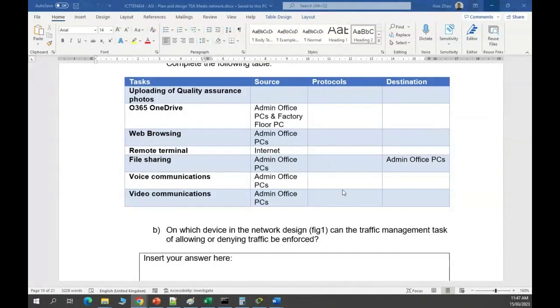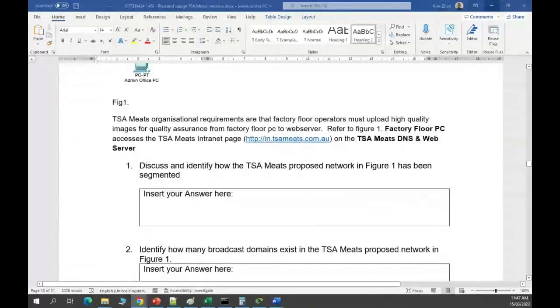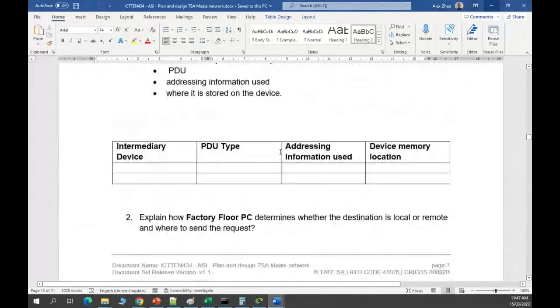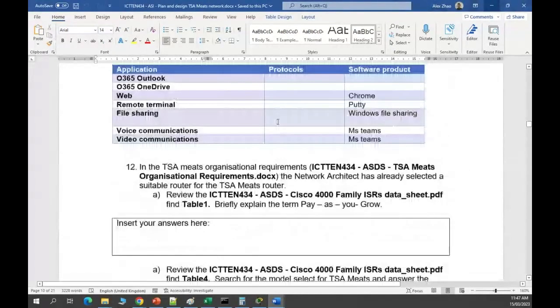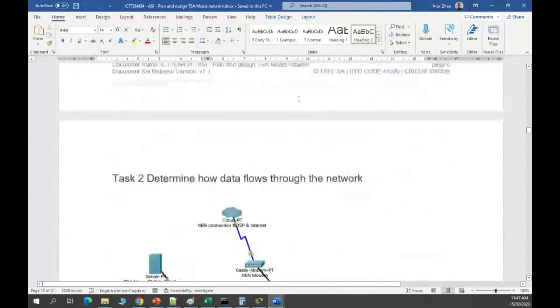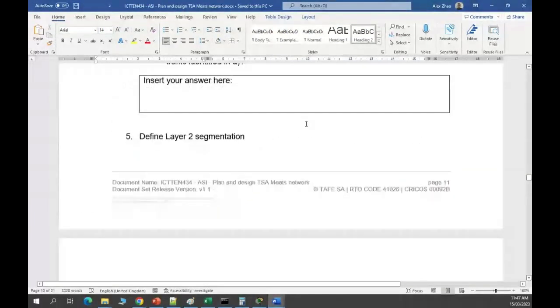If you put this together with the previous question where we identified the protocols back here, it's the same sort of thing except for the uploads, but we just spoke about the uploads anyway. You can finish off this table.